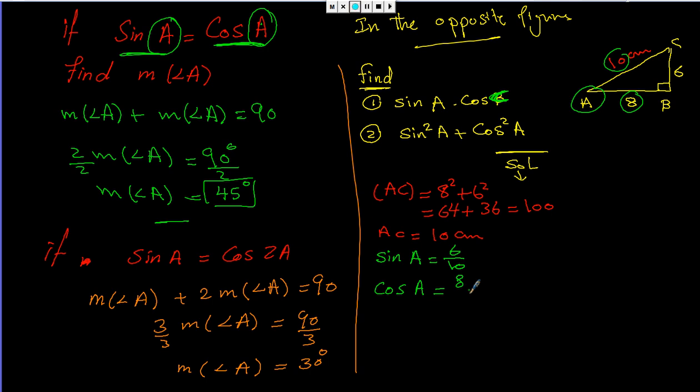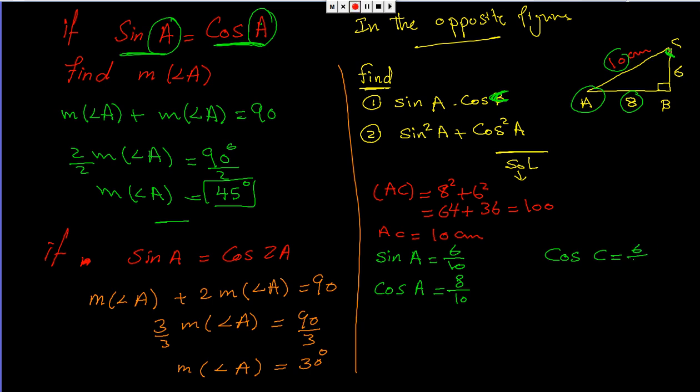Okay, we need sine A, cosine A, and cosine C. Cosine C is the adjacent of C, which is 6, over the hypotenuse 10, so it's 6 over 10.